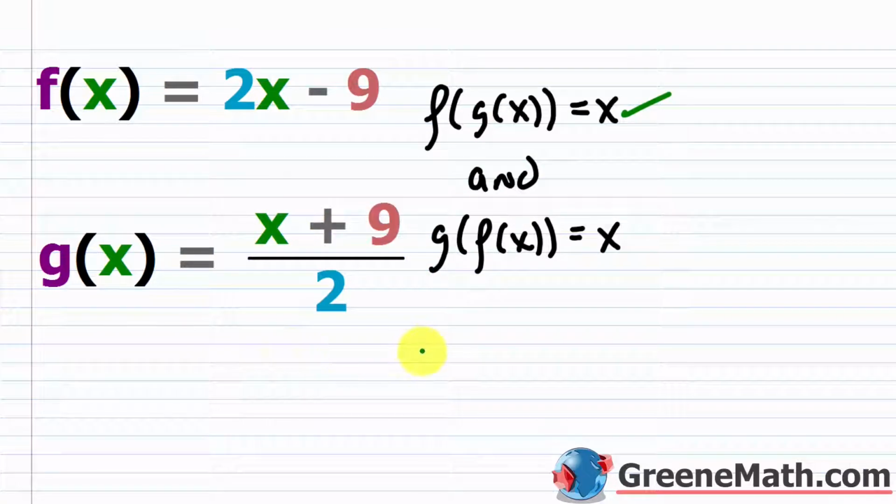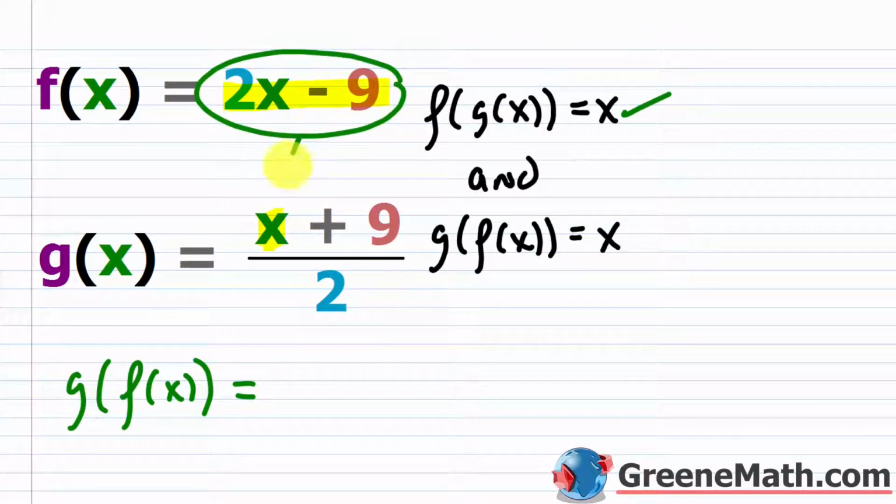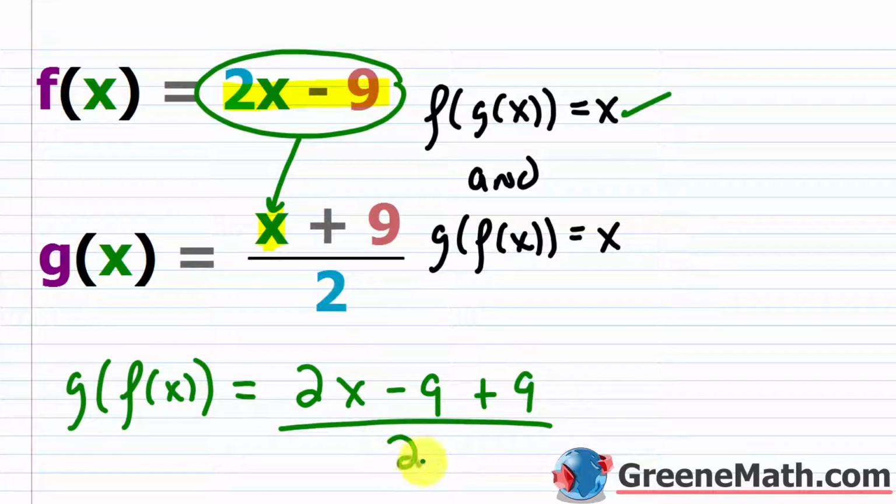And now let's do g of f of x. What's this going to be equal to? We'll take g of x, and everywhere there's an x, we're going to plug in f of x. So again, this gets plugged in right there. That's all we're doing. So you'd have 2x minus 9 for x there, then plus 9, and your denominator is going to be 2.